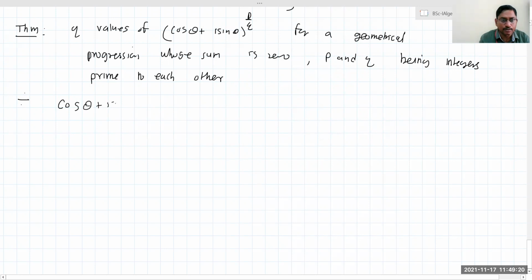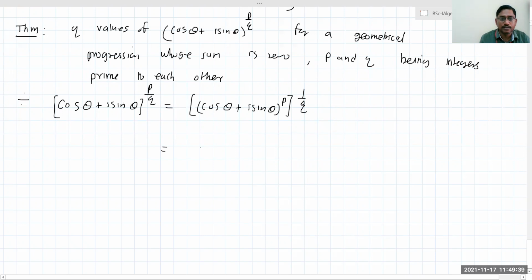Cos theta plus I sin theta, याचा पॉवर आपल्याला काय घ्यायचा आहे? p अपॉन q हा दिलेला आहे. तर आता याचा इंटिजर पॉवर अगोदर अप्लाय करतो मी. याचा पॉवर p घेतला आणि नंतर याचा पॉवर 1/q घेतला, it is one and the same because p into 1/q is p/q.